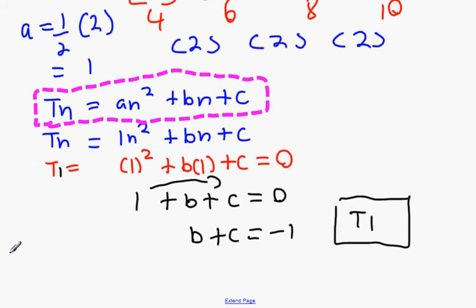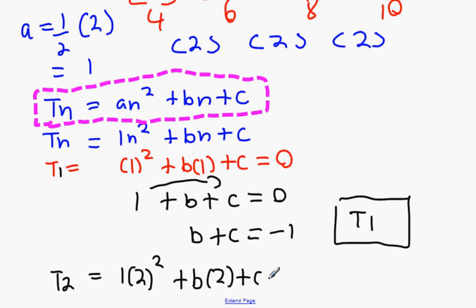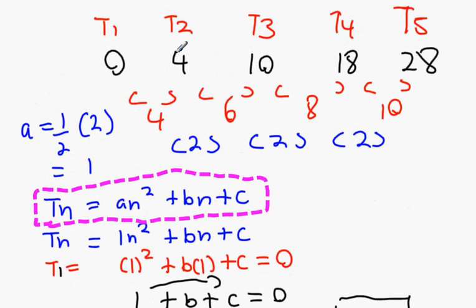Next thing we're going to use is T2. T2 means replace anything in this formula where you see n with 2. So you're going to get 1 times 2 squared plus b times 2 plus c, and all of that should equal the second term, and the second term is the number 4.